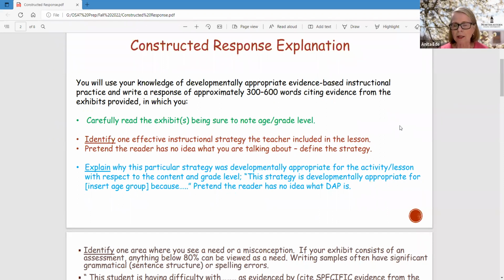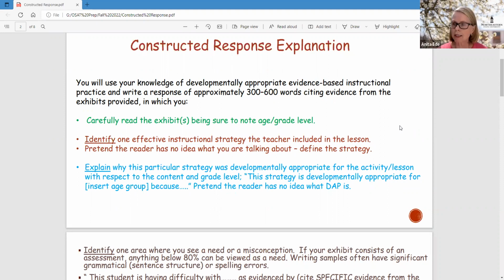Identify one effective instructional strategy that the teacher included in the lesson. That was one of the things that was posted in the example on the OSAT website. And I took this example straight off that OSAT website that's posted for everyone to look at.